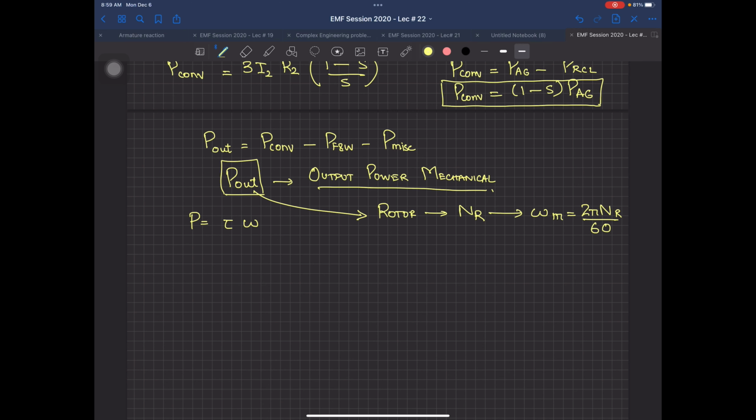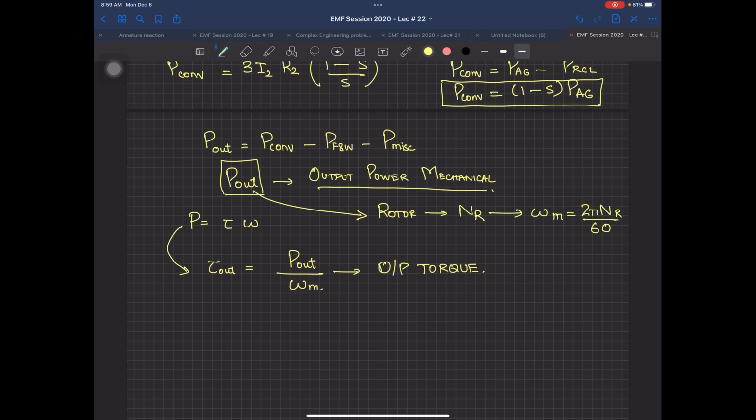Okay? So this means now I want to convert this formula, I am interested in torque. So T out is going to be equal to P out divided by omega m over here. So this is your total output torque of your machine that you are going to get.